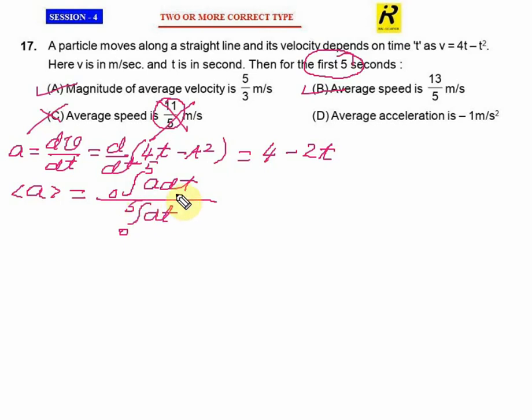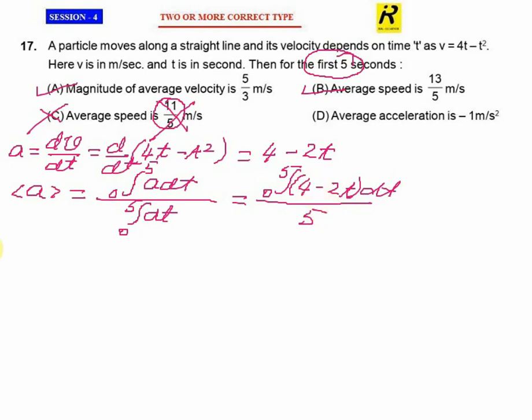So that is nothing but the integration of 4 minus 2t dt from 0 to 5. In the denominator it is 5.